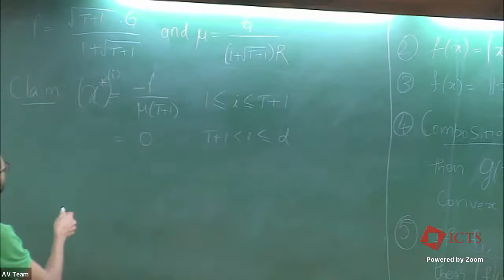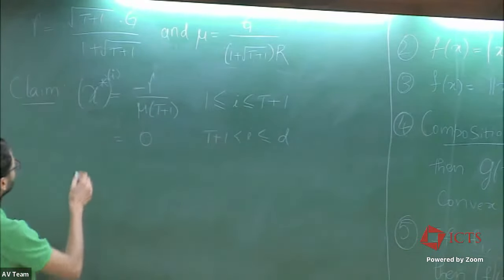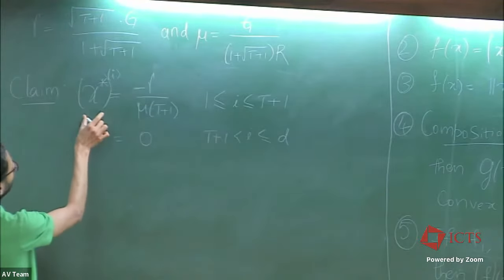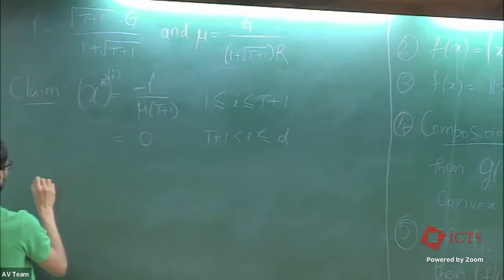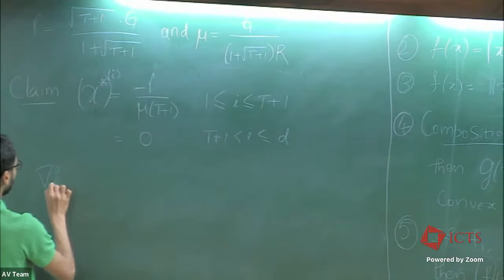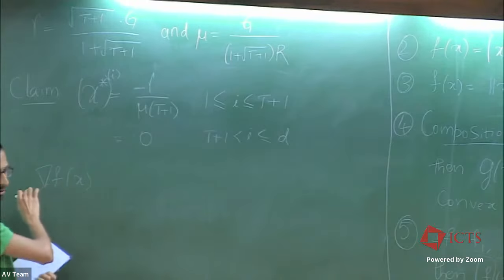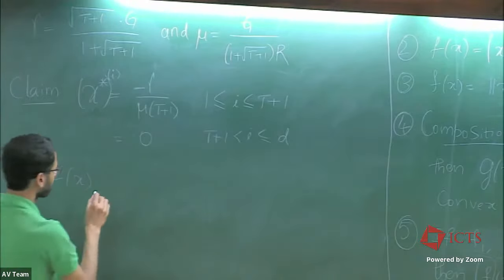Okay, so let's first show that x star is optimal, and for this we need to understand what the subgradient of the function f is. We'll use this gradient notation to also denote subgradients.